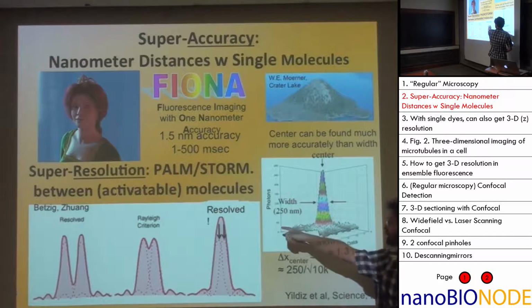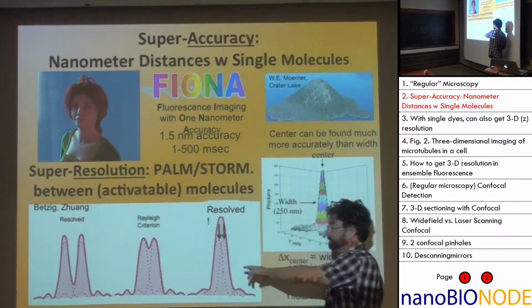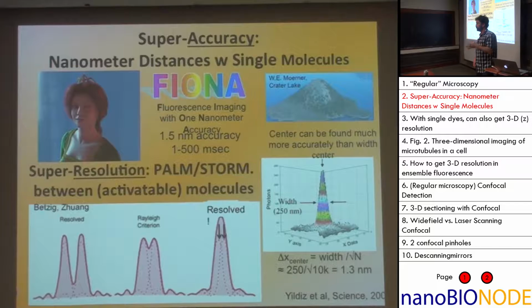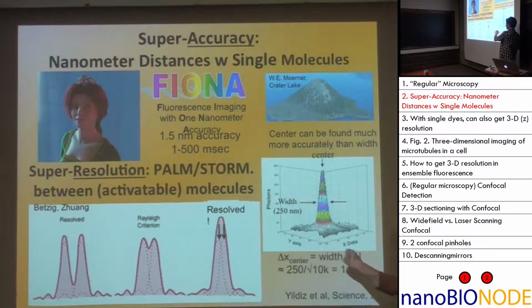And in that super accuracy, for super resolution, what is it that the fluorophores need to have? That's right, that they're photoactivatable, or they blink in terms of turning on and turning off. Also, they must have reasonable photostability in terms of, ultimately, you want them to give enough photons such that you can resolve it reasonably well.